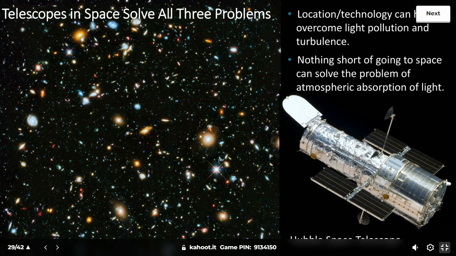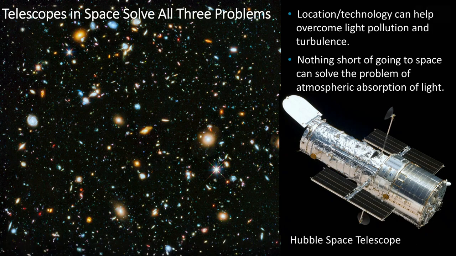So going into space solves the problem of light pollution, turbulence in the atmosphere, and the atmosphere blocking certain wavelengths of light. So if you can overcome the cost, then it's very beneficial to put your telescope in space.